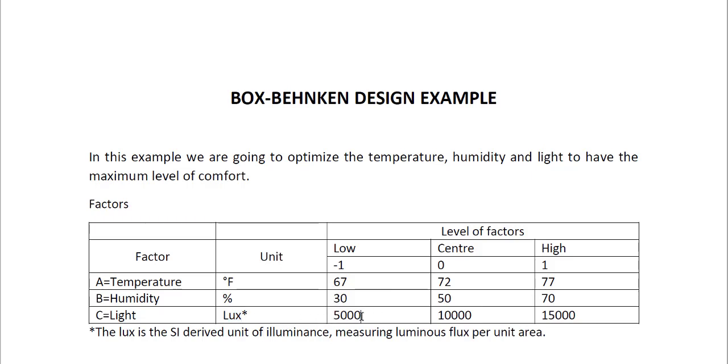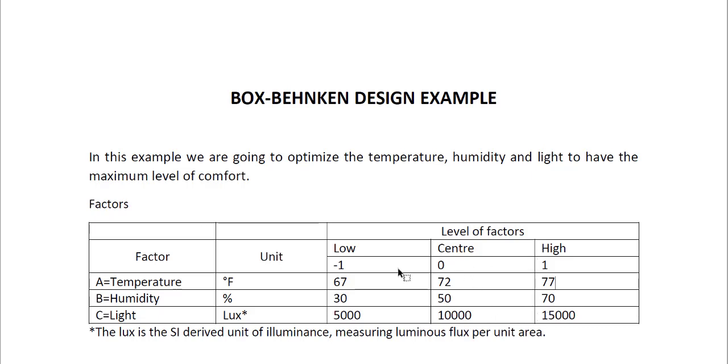You can see the lower value which we have selected for this example is 5,000. And if you remember in BBD design, we need the low and high limits for each factor. So we have the high limit 77 degrees Celsius for temperature, 20% for humidity, and 15,000 lux for the highest limit of the light.